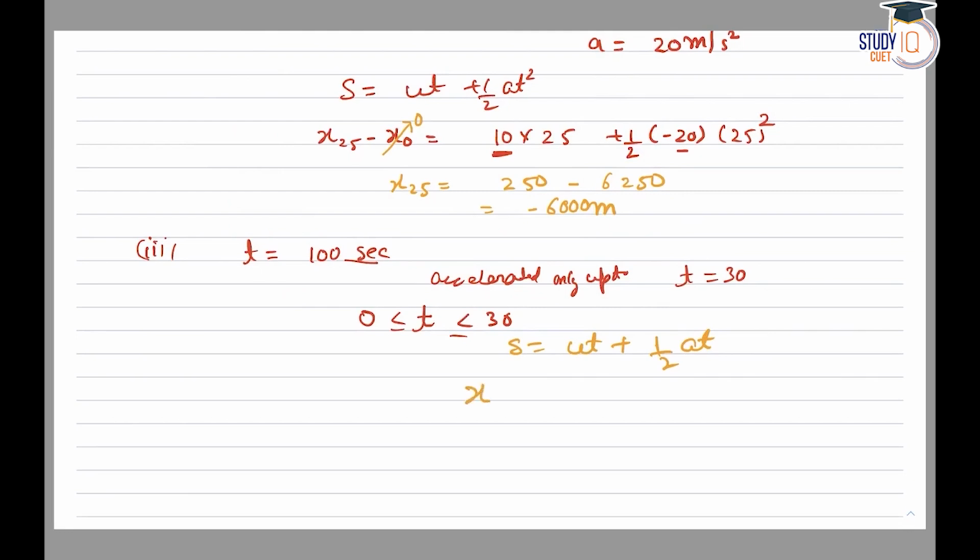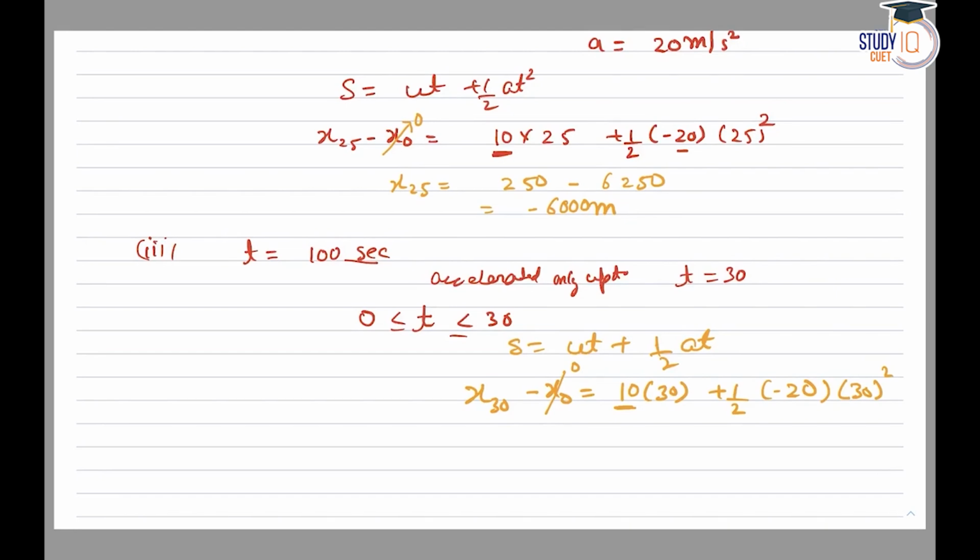Displacement is x at 30 minus x at t equal to 0, which is equal to initial velocity, that is 10, into time, that is 30, plus half into acceleration, which would be minus 20, as velocity and acceleration are in opposite directions. So if we have taken velocity as positive, then acceleration would be negative, into 30 square. As we all know, position at t equal to 0 is 0.